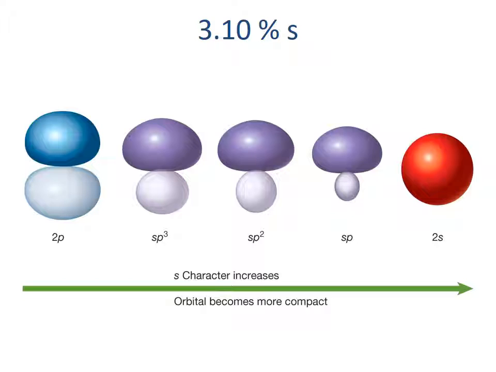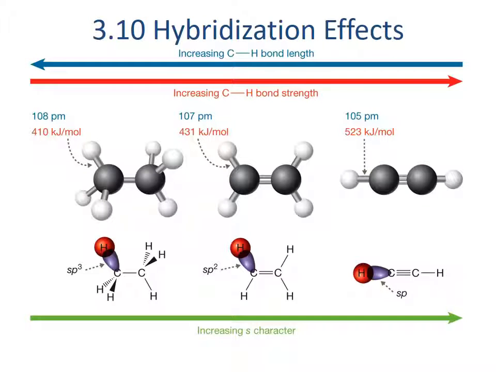So p orbitals are the least compact, then sp3 orbitals, which are 25% s and 75% p, then sp2 orbitals, which are 33% s, then sp orbitals, which are 50% s, and of course last are s orbitals. The more s character an atom has, the closer the electrons are held. These are functionally more electronegative, so an s orbital can stabilize more negative charge than a p orbital, and everything else in between follows the same trend.